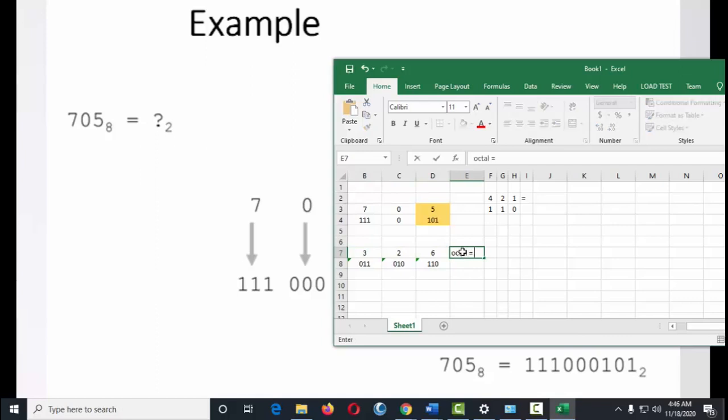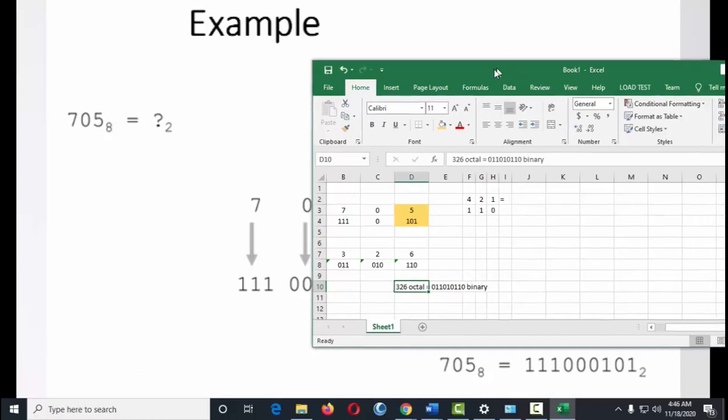is equal to what? 0, 1, 1, 0, 1, 0, 1, 1, 0 in binary. So here it is: 326 octal is equal to 0, 1, 1, 0, 1, 0, 1, 1, 0 in binary.